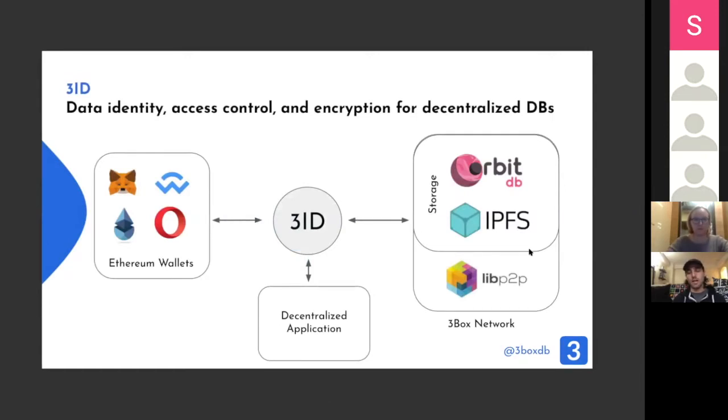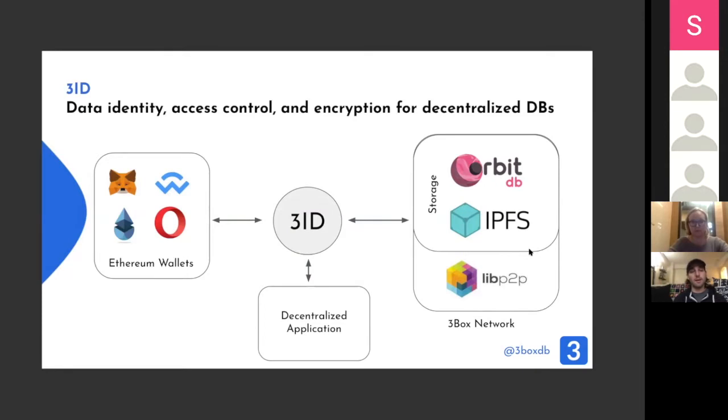And so ours is called 3ID. It's actually not ours. We're in the process of opening it up and making it an open standard. But what it is, it provides data identity, access control, and encryption for decentralized databases. And so wherever those databases are hosted or wherever they live, and whatever keys a user chooses to use and whatever wallet provider they choose to trust, it provides a nice abstraction that guarantees control and interoperability between this ecosystem of participants.